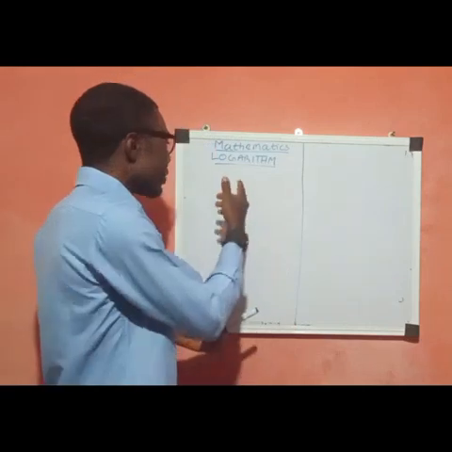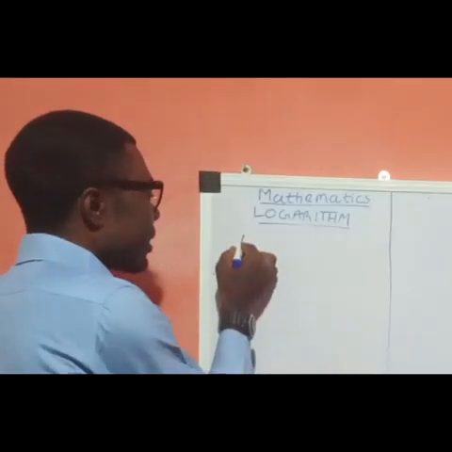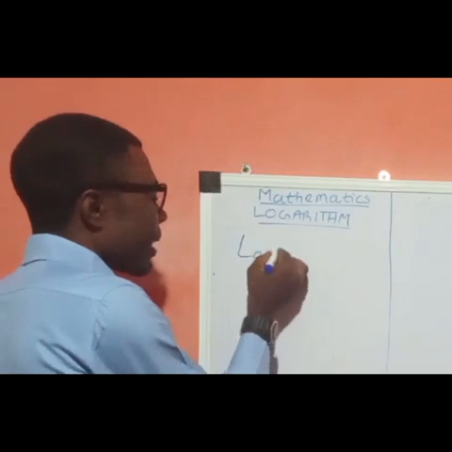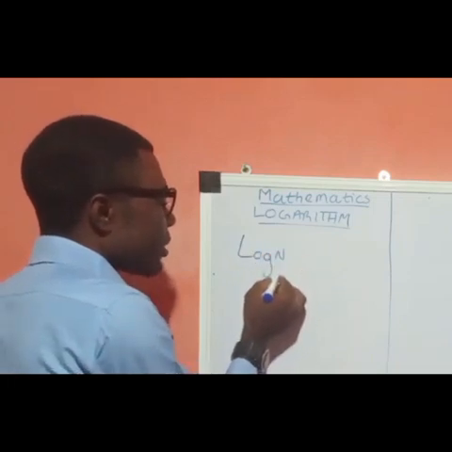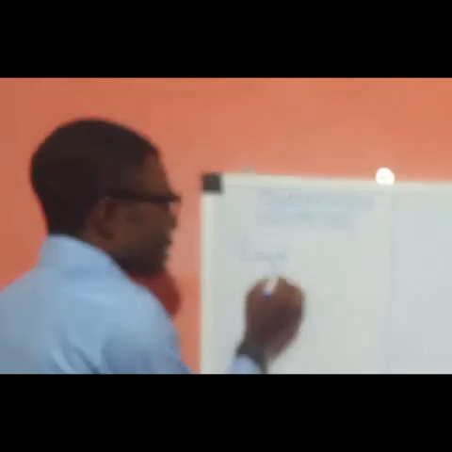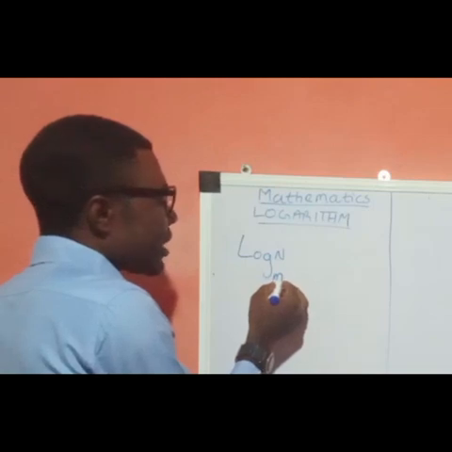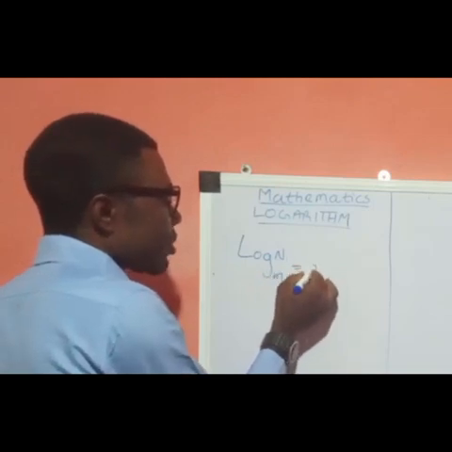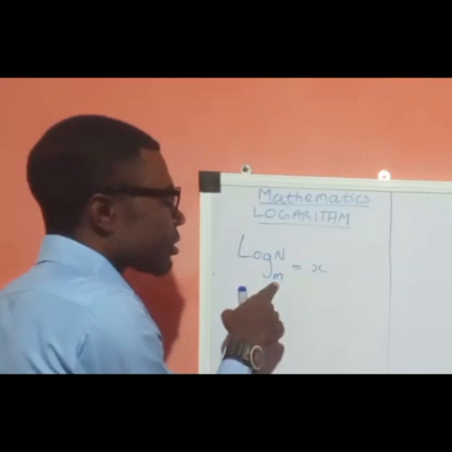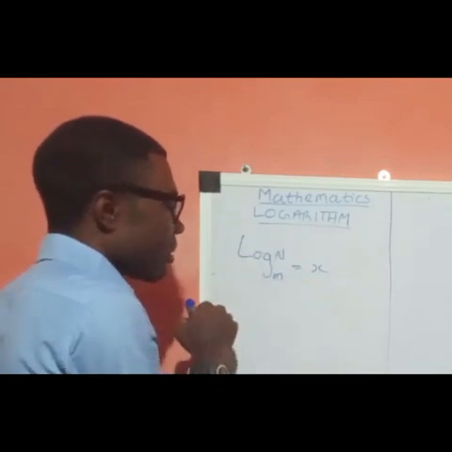So we define the logarithm of a number n to base m to be that number to which the base will be raised to get the number. Let me repeat myself.